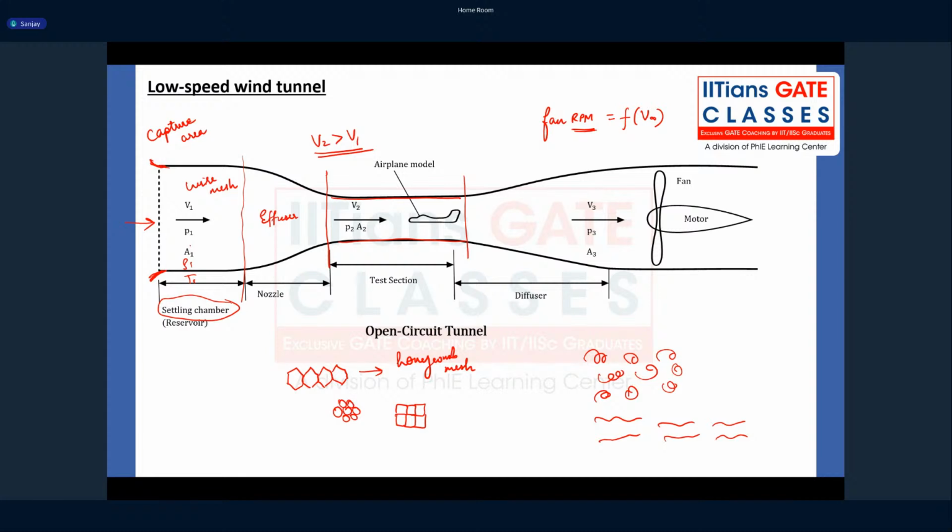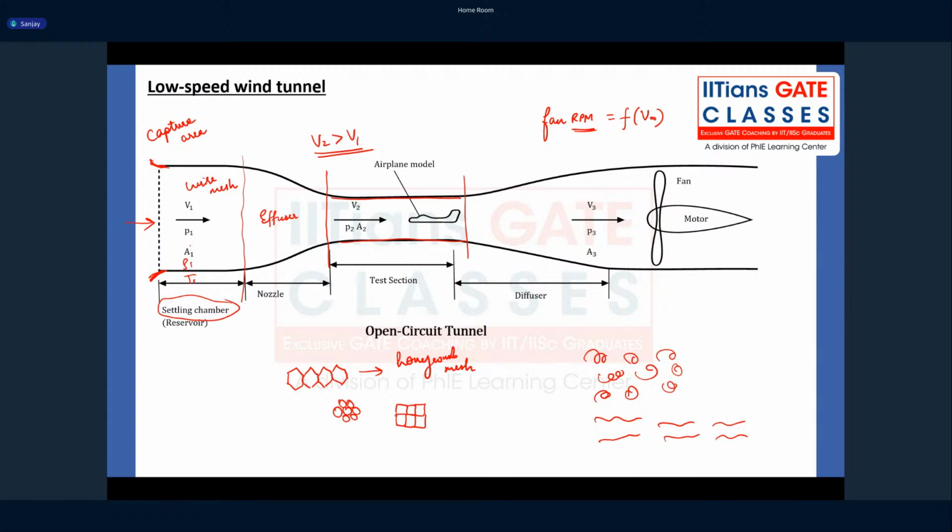Let's say I want to find out how much is the lift generated by wings of an aircraft. So I will either place only that wing or I will place the aircraft. Now, can I place the entire aircraft in my tunnel? No, obviously no, right?